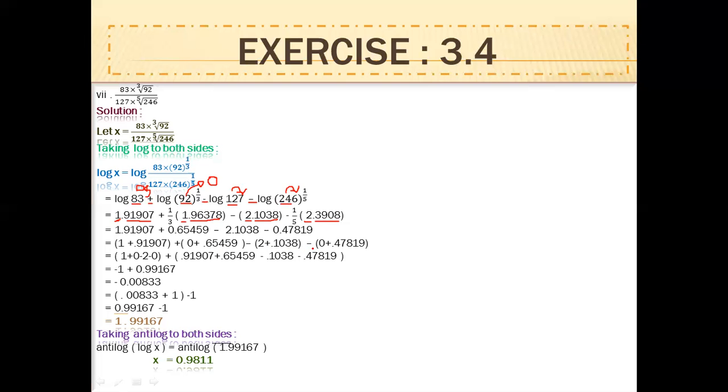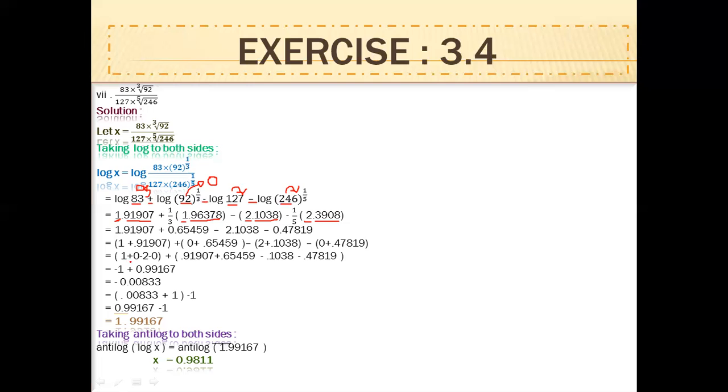Same, the last term will be written as 0 plus 0.47819. Now open all the brackets and you see that the sign of the third and fourth brackets will be changed because there is a negative sign before them.